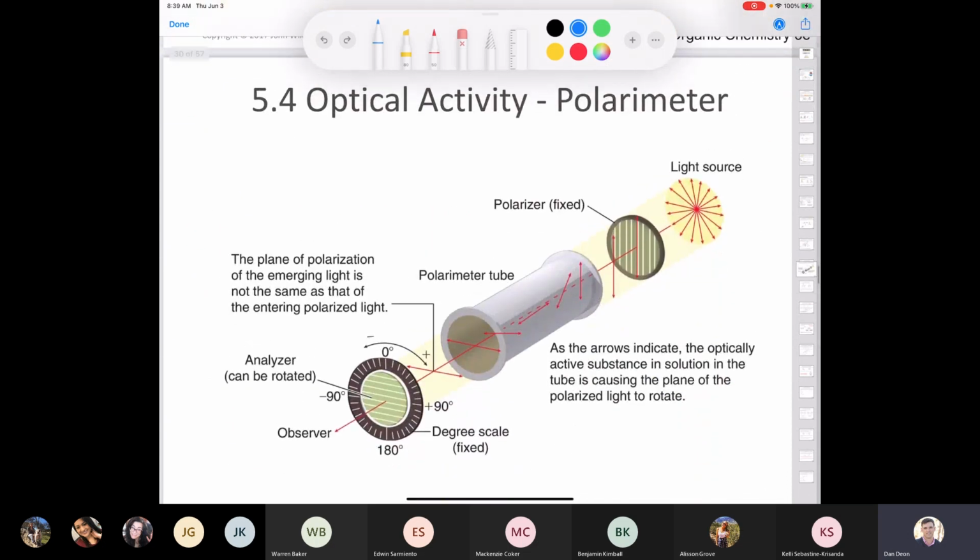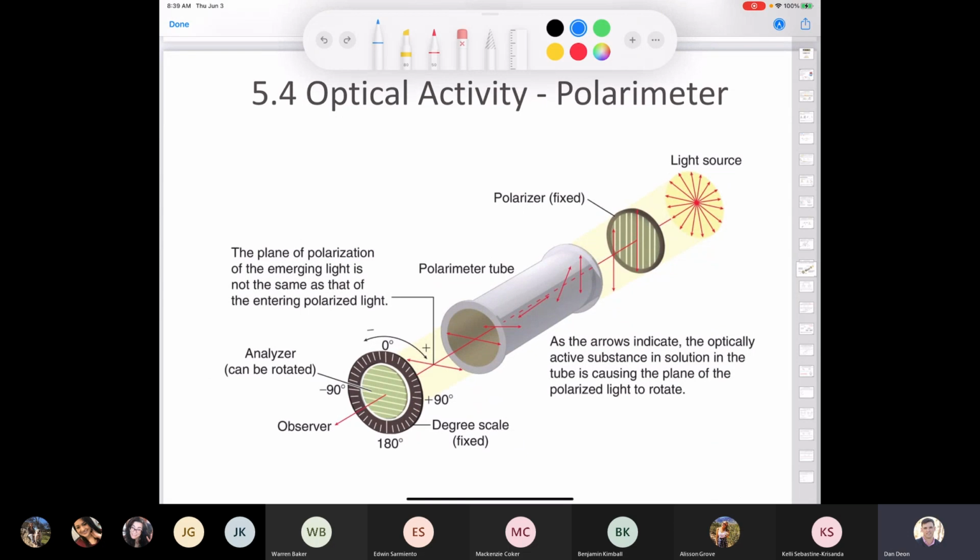So this is our textbook's hammer and tongs approach to explaining what a polarimeter looks like. We actually have one at UCCS in the undergraduate lab. It looks just like a big long metal box. The idea is that you have your light source, which is always a sodium lamp. The wavelength of the light is, I think, 589 nanometers.